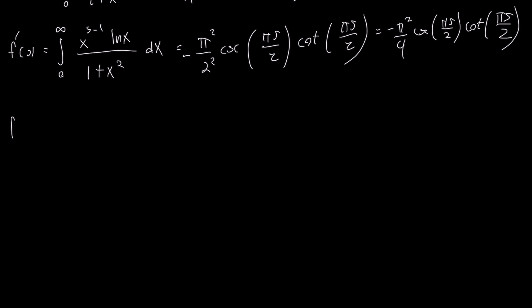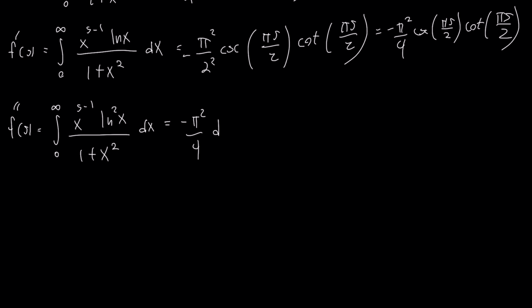So we have f double prime of s is the integral from 0 to infinity x to the s minus 1 squared natural log over 1 plus x squared dx, which will be negative pi squared over 4, the derivative with respect to s of the cosecant of pi s over 2 and the cotangent of pi s over 2.